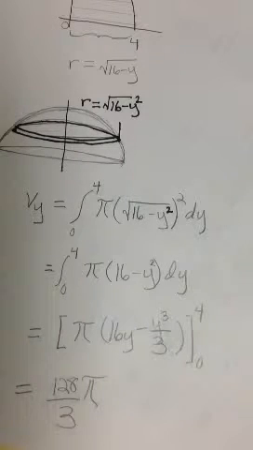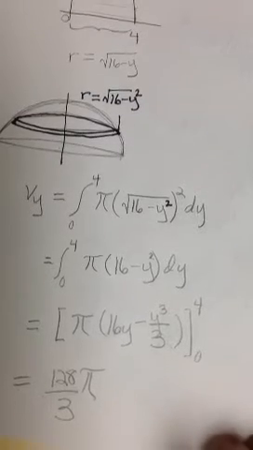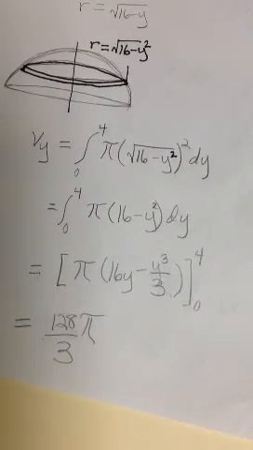At 0, the lower limit, the expression is negligible, and for y is equal to 4, that upper limit is going to generate the value of the volume of the solid about the y-axis, and we have in exact terms the result of 128 pi over 3.